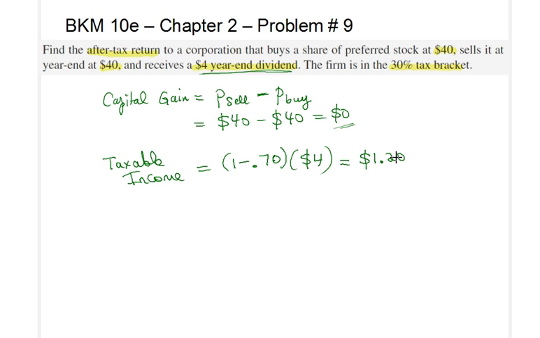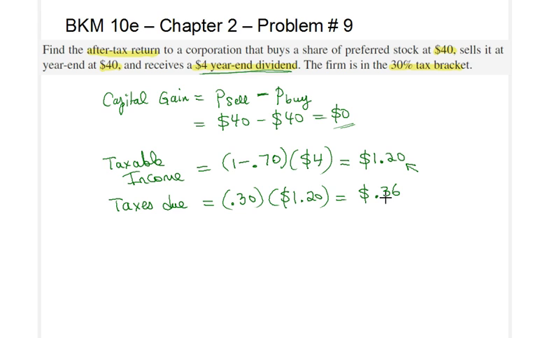Now, we will therefore be paying taxes based on this figure here, $1.20. Therefore, our taxes due is equal to, knowing that we are in the 30% tax bracket, 30% of $1.20, which happens to be 36 cents.